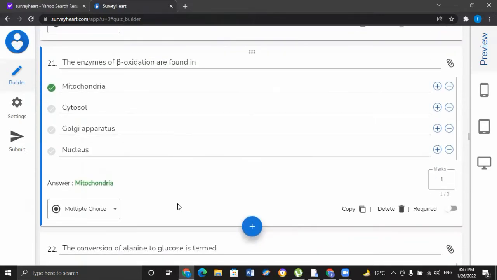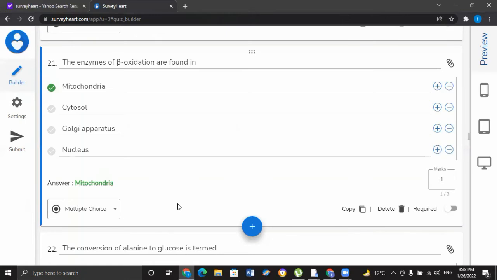The enzymes of beta oxidation are found in. What is beta oxidation? Beta oxidation is the lipolysis process, the breakdown of fatty acid. The enzymes responsible for the breakdown of fatty acid are present in mitochondria.